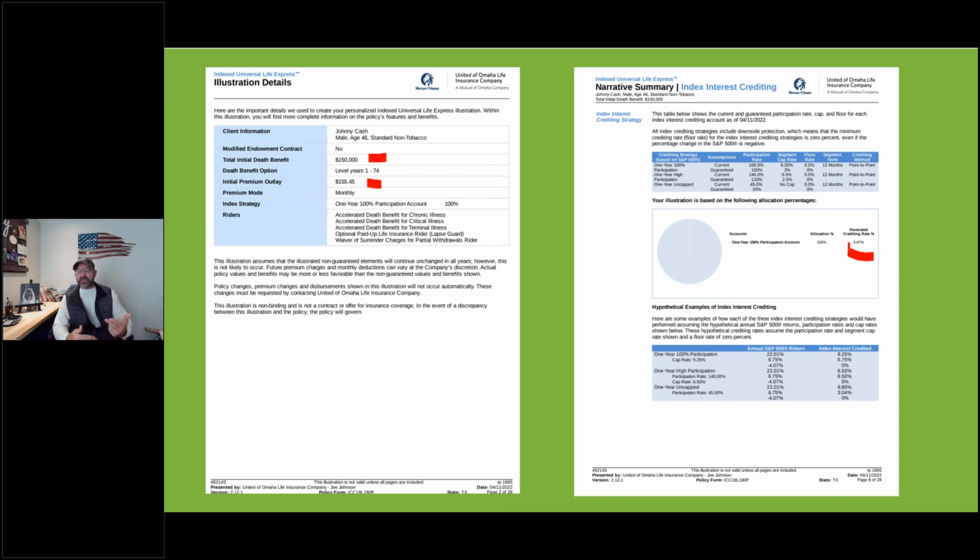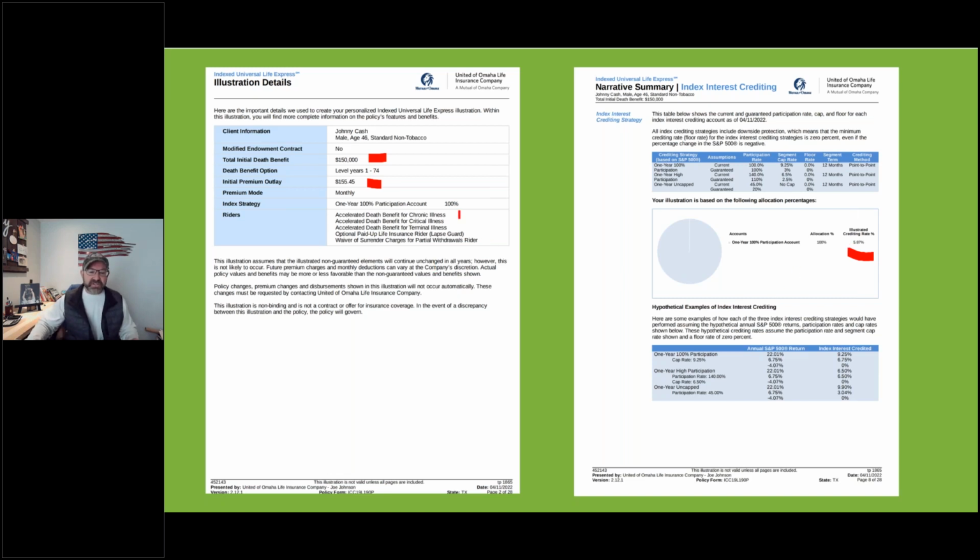The other selling point about this product is that it has a zero interest floor. So what they need to understand is that if the market crashes from annual point to point, the market's down 10%, they don't lose any money, Michael. They have principal protection guaranteed that they will never lose a penny in this product. It only has upside potential, no downside. So that's kind of a huge selling point.